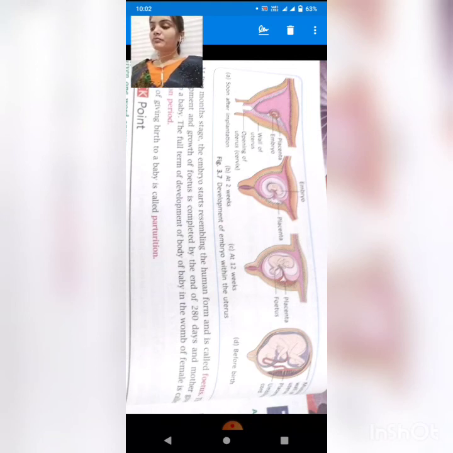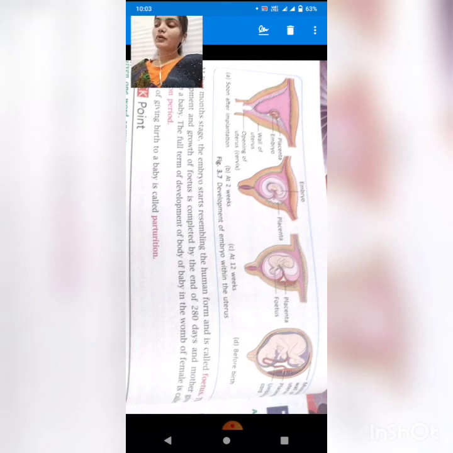Now you can see what is written here. At 2 months, the embryo starts resembling the human form. After 2 months, the embryo resembles a human and is called a fetus. As I told you, the development and growth of the fetus is completed by the end of 280 days, and the mother gives birth to a baby.